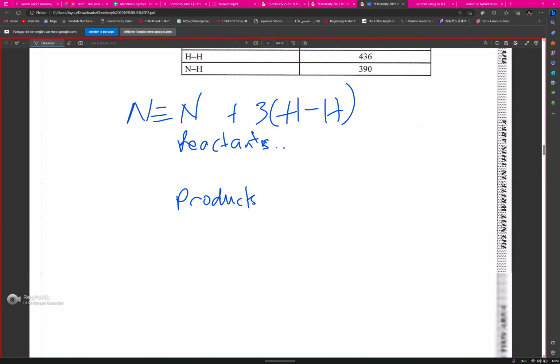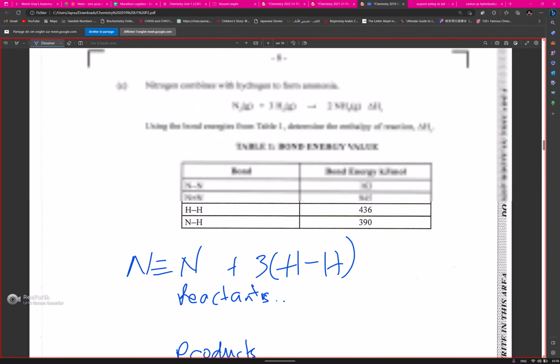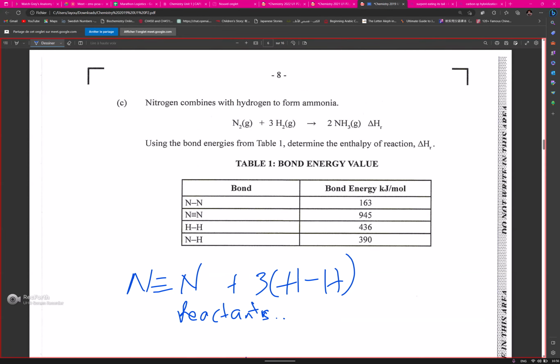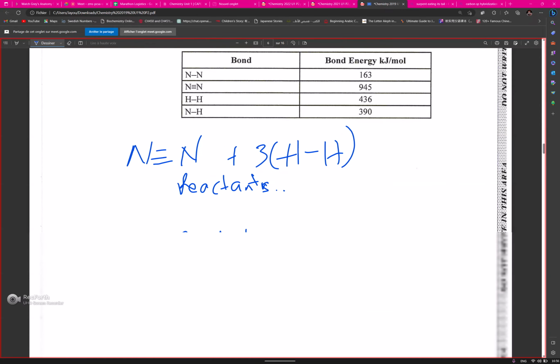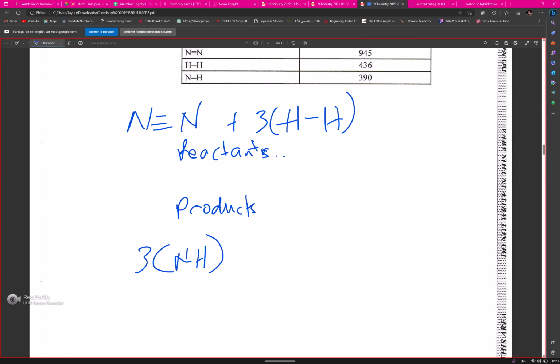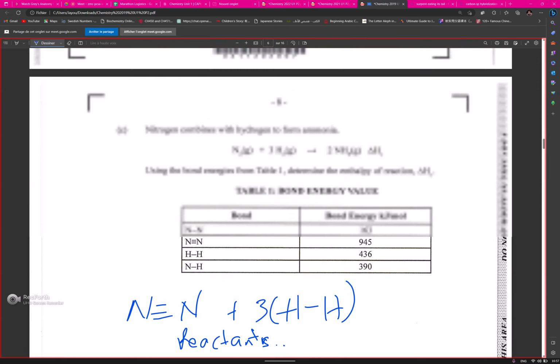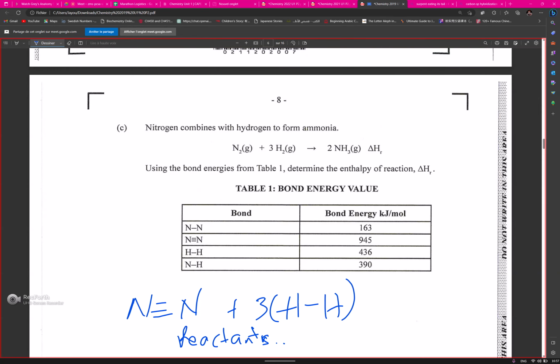We're gonna have NH3, so NH bonds. No, it's gonna be 6 NH bonds. Alright, so it's gonna be 6 NH bonds.